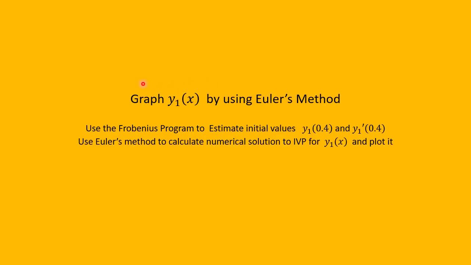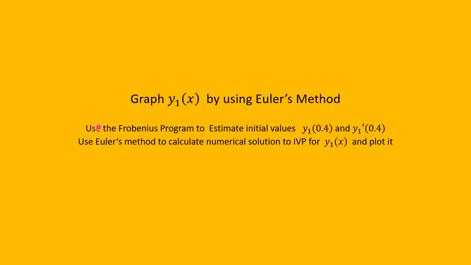To check our Frobenius solution for y sub 1 of x, we're going to find a solution y sub 1 of x again by using Euler's numerical method. So here's what we'll do. We already have a program that will produce a Frobenius solution, a series solution for y sub 1 of x.